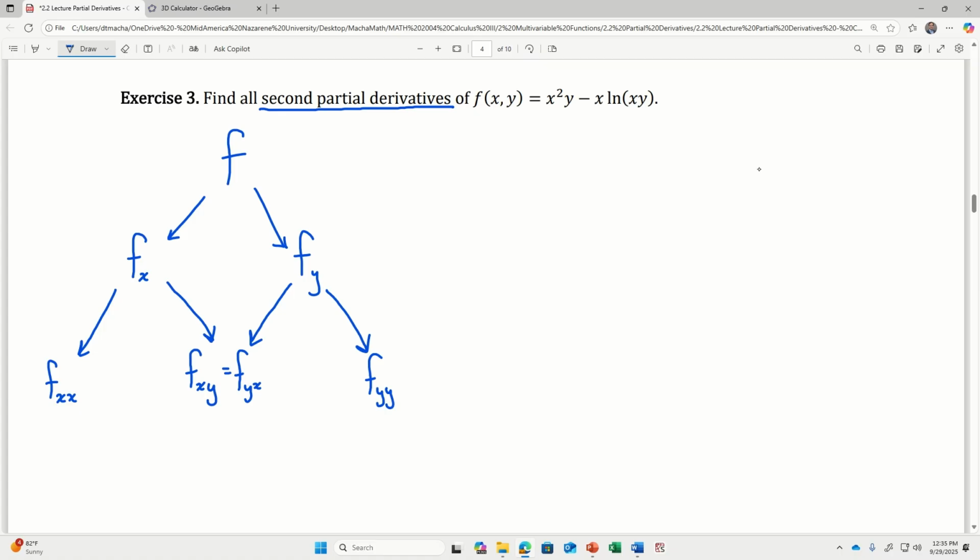And what we're going to find is that as long as these second partial derivatives are continuous, that's actually the same thing. It does not matter the order in which you take the derivatives. If you want to do x first and then y, or y first and then x, you should still get the same thing. And this is what we call the mixed partial derivative.